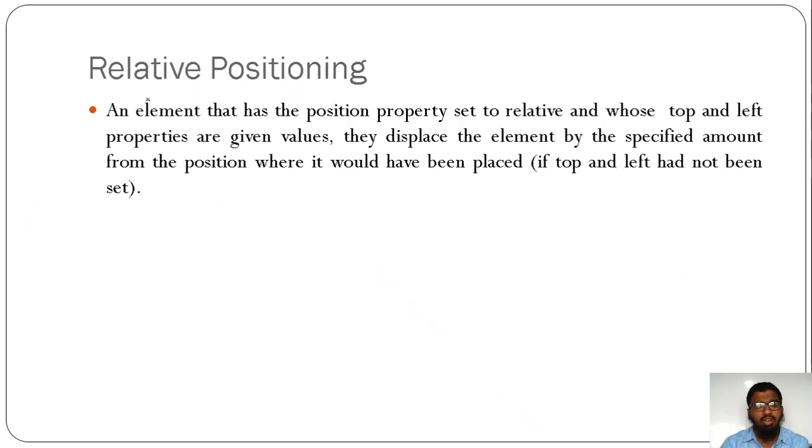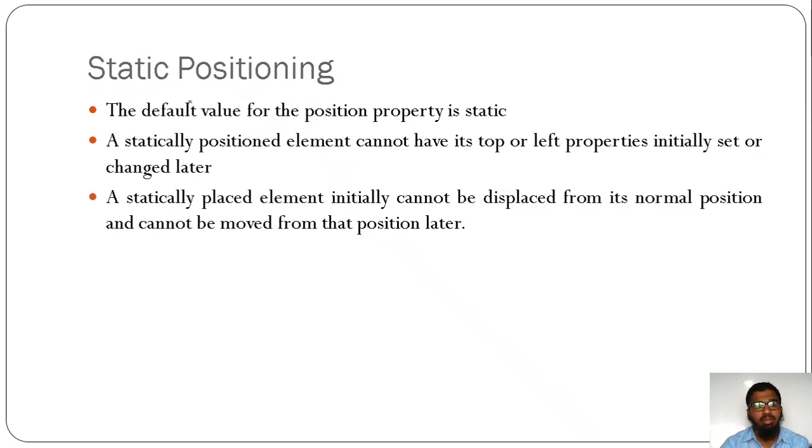If you do not set them, then relative will apply. Automatically it will check the previous position. As per the browser, how it is responding, based on that it will react.